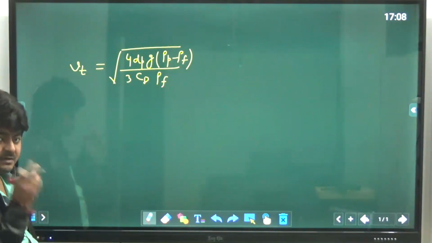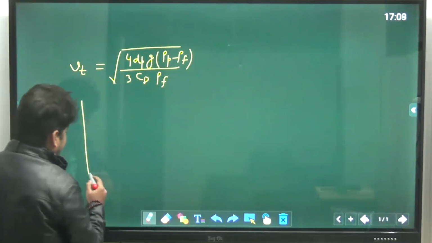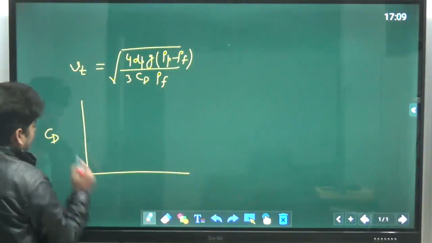For different particle Reynolds numbers we have different values of CD, the drag coefficient, and we can see that with the help of this curve, which is plotted on log graph paper.